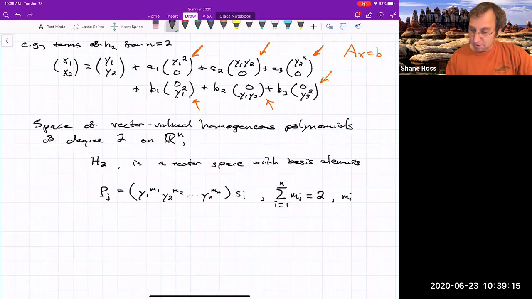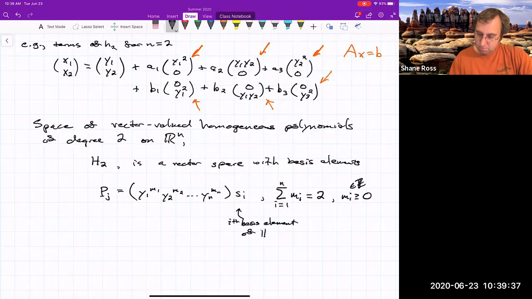And we need the m_i to be integers greater than or equal to 0. What is s_i? This is the ith basis element of Rn. There's a bunch of zeros, and then there's a 1 in the ith slot.